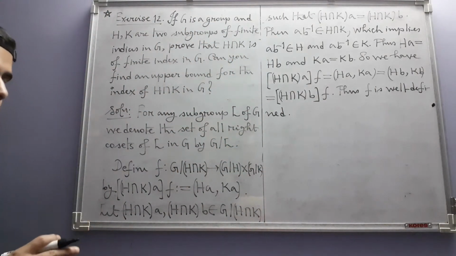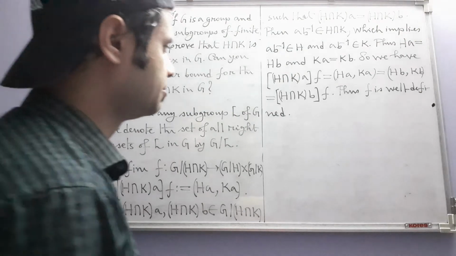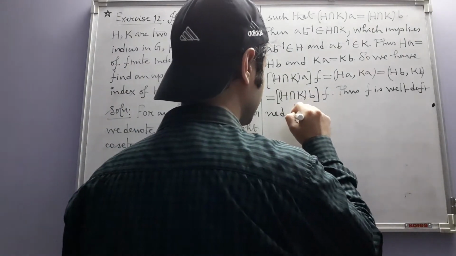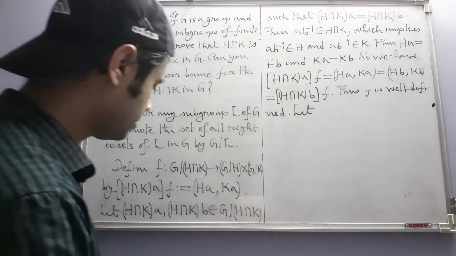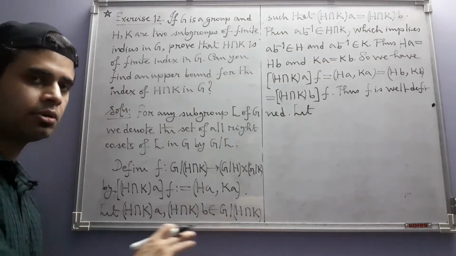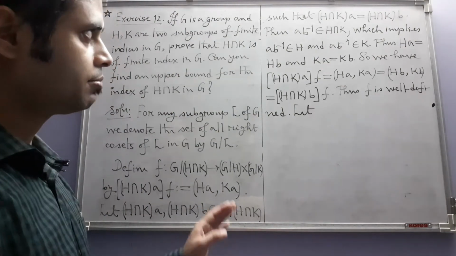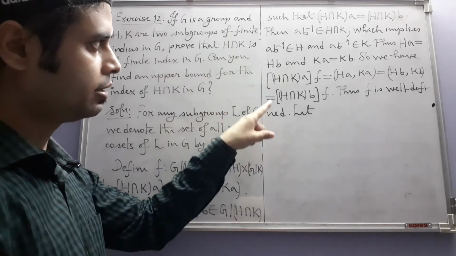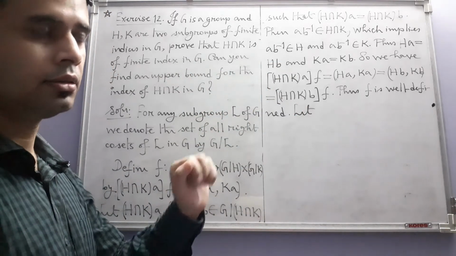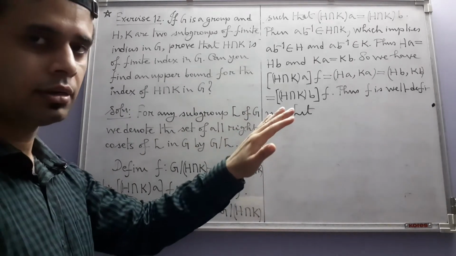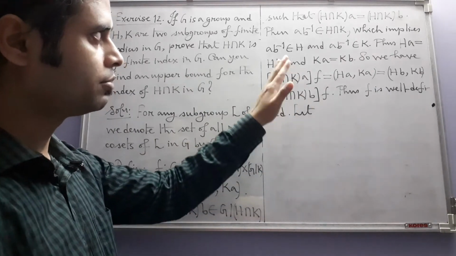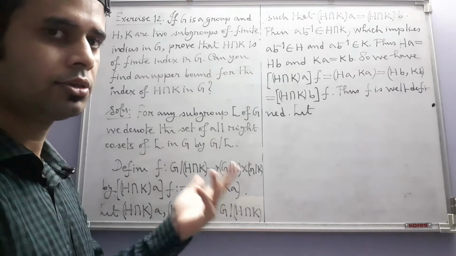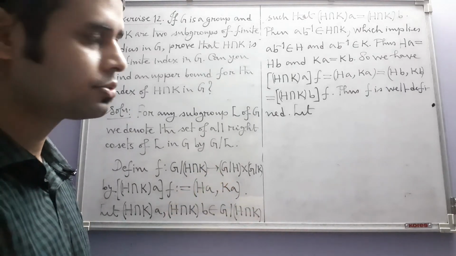Next we are going to show that F is 1 to 1. For that, just like in the previous step, we will consider two elements in the domain, but this time we are not going to assume that they are equal, but rather that their F images are equal. From that assumption we then have to prove that the elements are equal. That would show us that the function is 1 to 1.